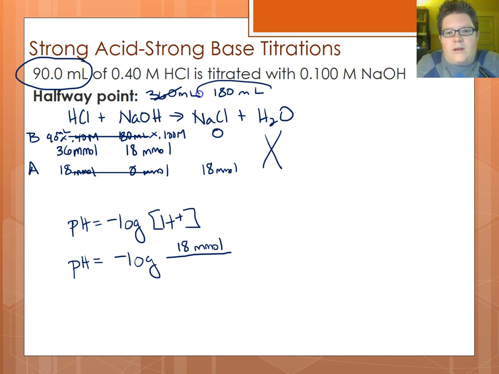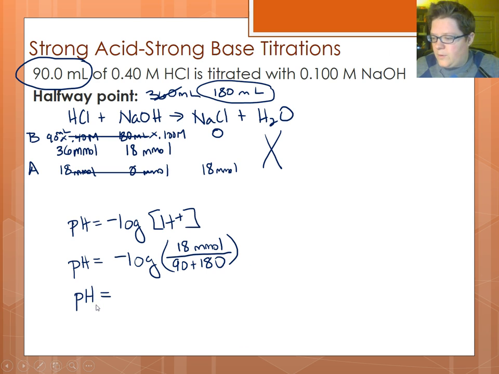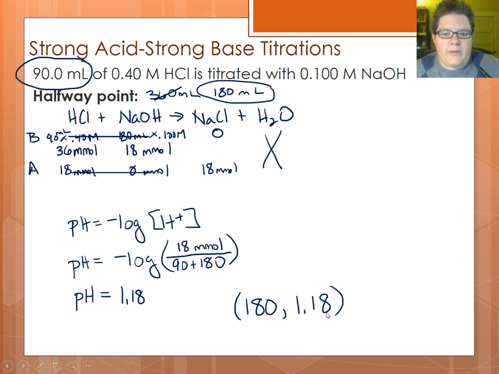And I added to it 180 milliliters, and those two things dilute each other. And so my new volume is 90 plus 180. I need to include both of those. And so the log of that will end up being my pH. And so for the halfway point, I got a pH of 1.18. Okay, new point. 180 milliliters, pH of 1.18. So that's 0.3 that I have so far.